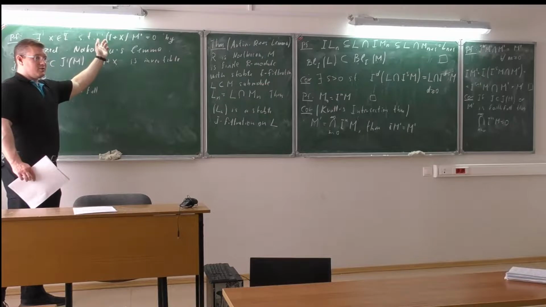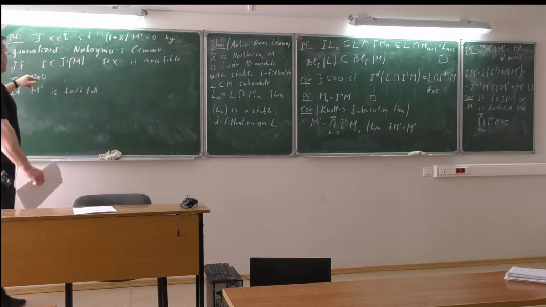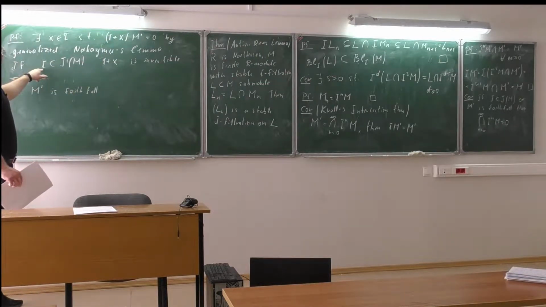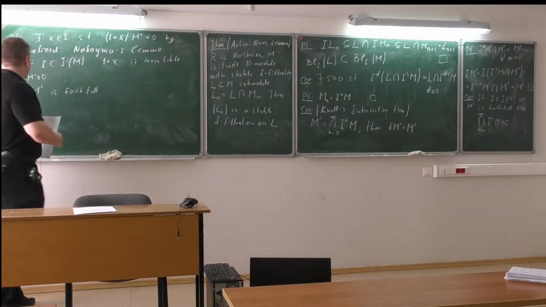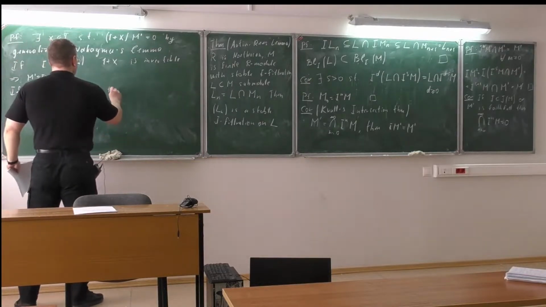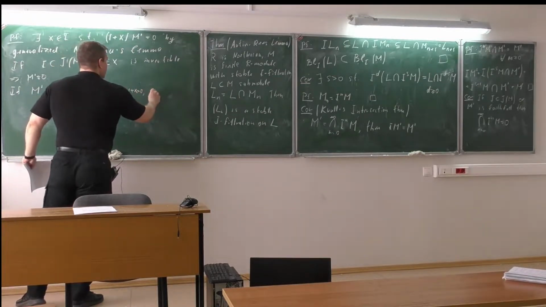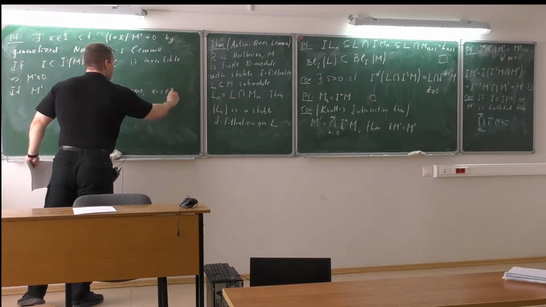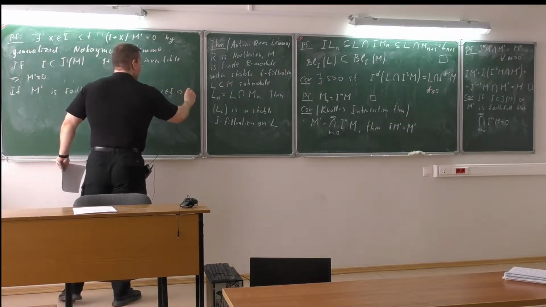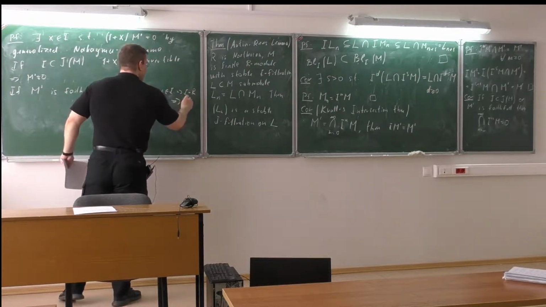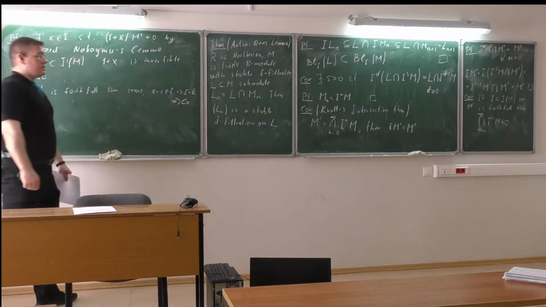So x is minus 1, and x is in the ideal. Hence, the ideal is not a proper ideal. That's a contradiction. So it's faithful, then 1 plus x is 0, x is equal to minus 1 in I. Hence, I is R. And that is a contradiction because we assume that I is a proper ideal.